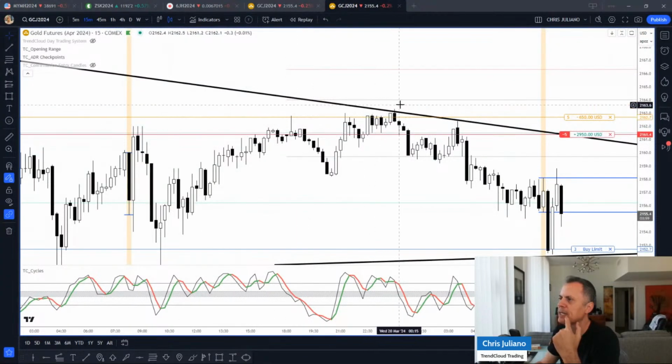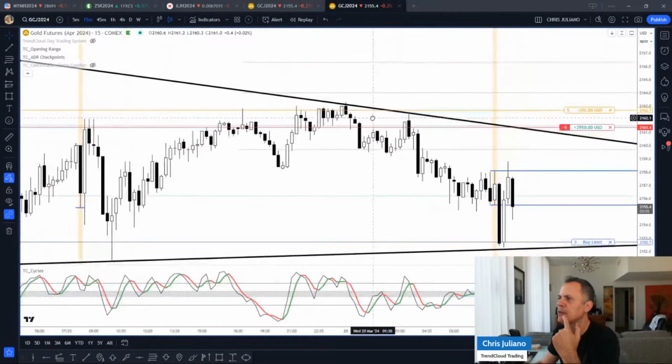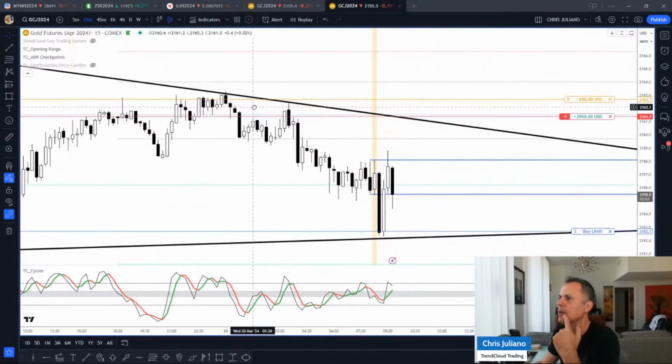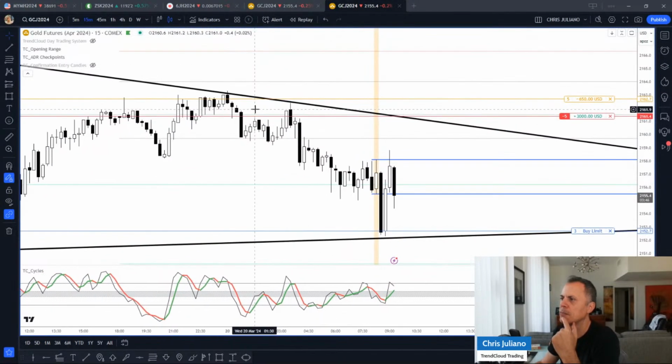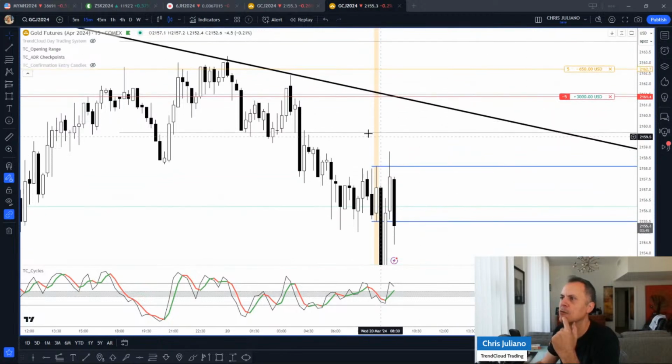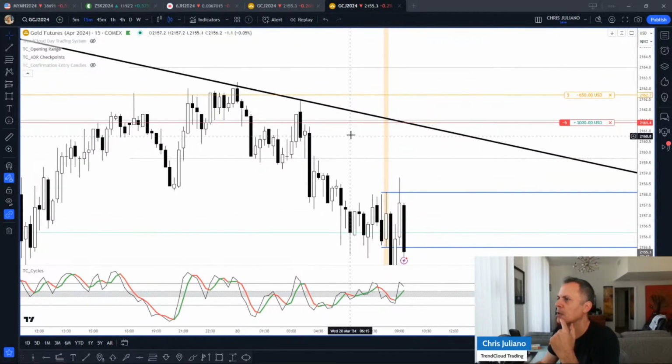It pulled back, it stopped us out, and then we saw another one form, right? We had another supply zone form, and that was right in here. Okay, so where did that go?